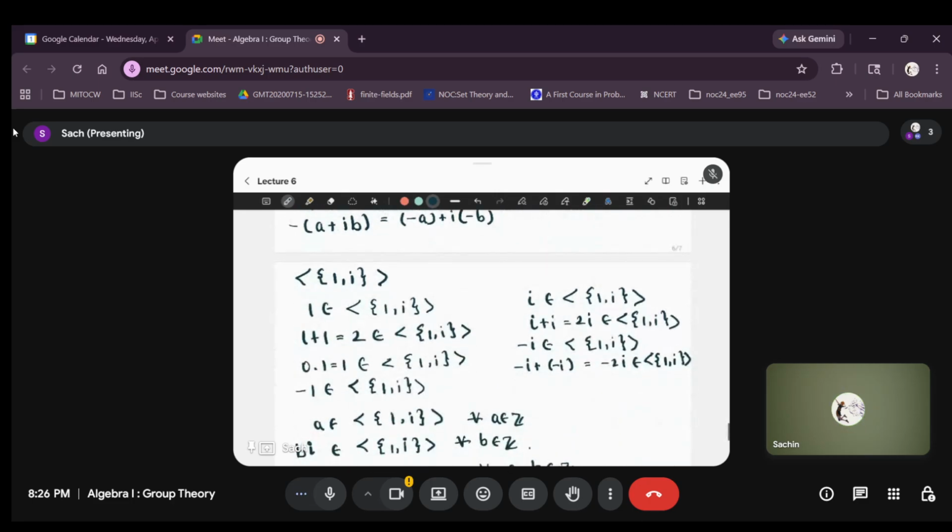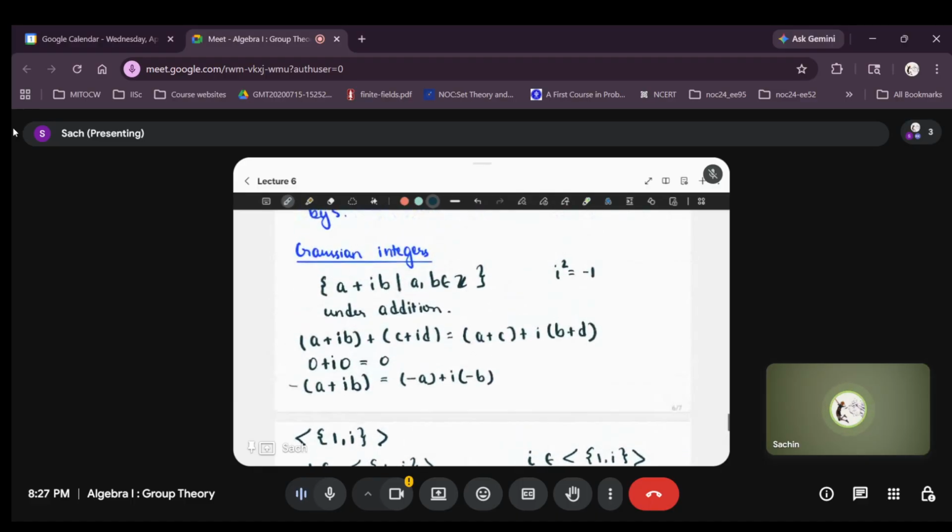Now the thing is, the set of Gaussian integers here is generated by 1 and i, right? So it is generated by the set S. So it contains the set S, which is 1 and i. If you take any subgroup that contains 1 and i, it must contain all multiples of 1 and all multiples of i, right?